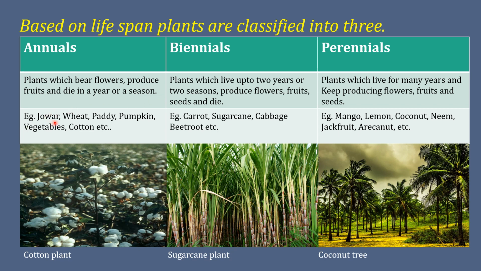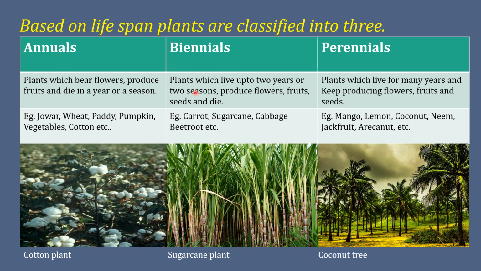Examples: jowar, wheat, paddy, pumpkin, vegetables, cotton, etc. This is a cotton plant, children. These plants will live for 1 year. It will produce fruits, and after that, it will die. So these plants are called annuals.